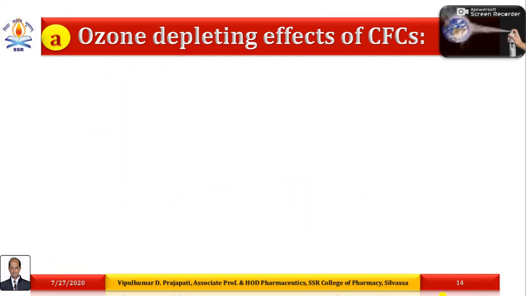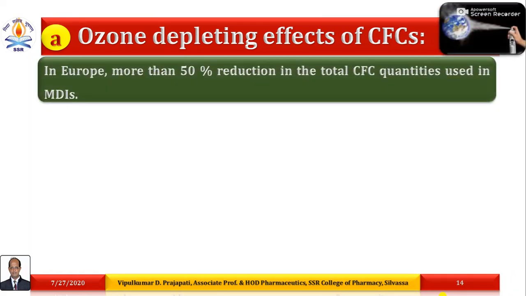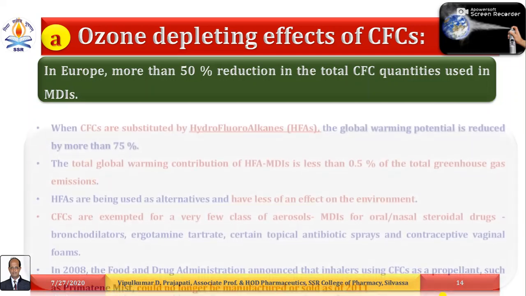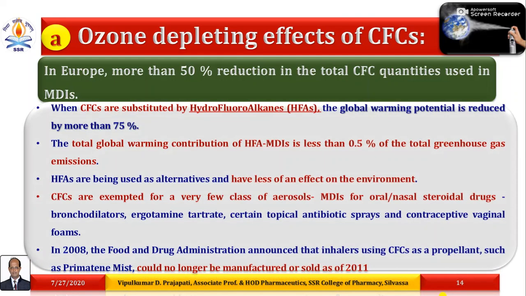Ozone depleting effect of chlorofluorocarbons: in Europe, there is more than 50% reduction in the total chlorofluorocarbon quantities used in metered-dose inhalers. When chlorofluorocarbons are substituted by hydrofluoroalkanes, the global warming potential is reduced by more than 75%.